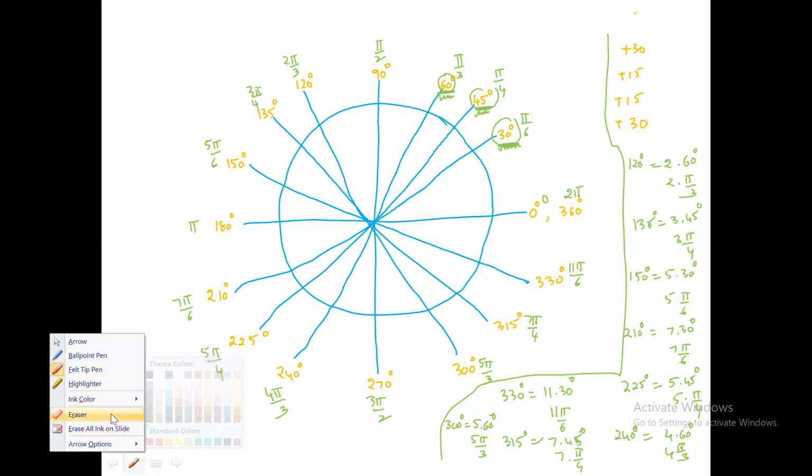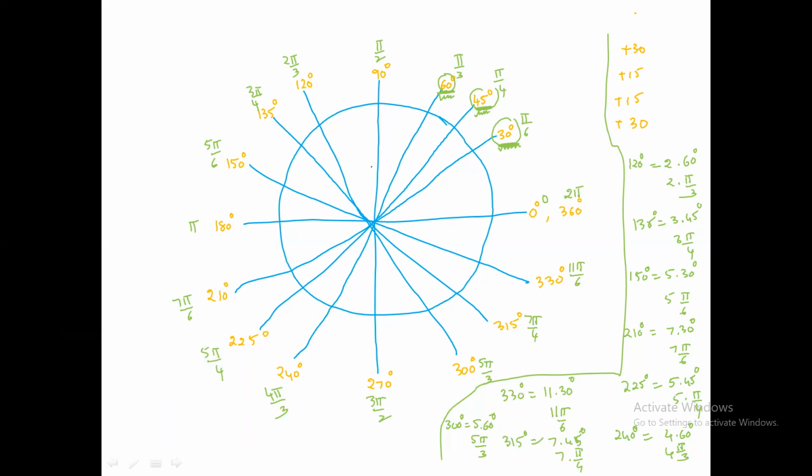Now, one more thing I have to write is, in the first quadrant, X will be positive, Y will be positive. In the second quadrant, X will be negative, Y will be positive. In the third quadrant, X is negative, Y is negative.